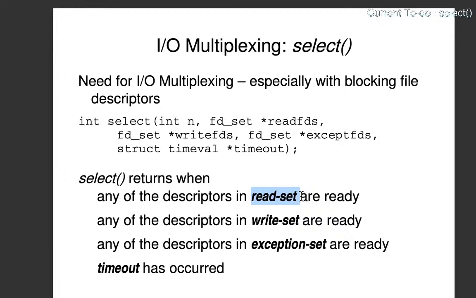So if any of these is ready, then the select system call will return, right? And int n is the max fd plus one value, among read fds or write fds or accept fds, whatever you set it to.